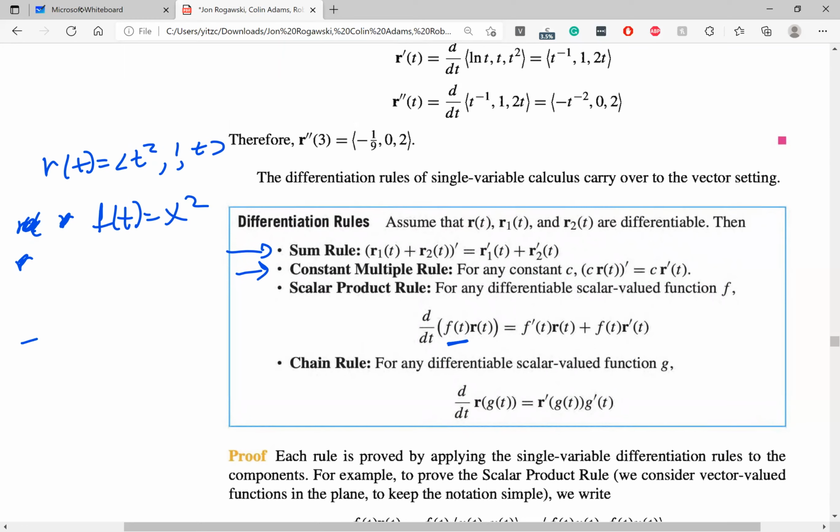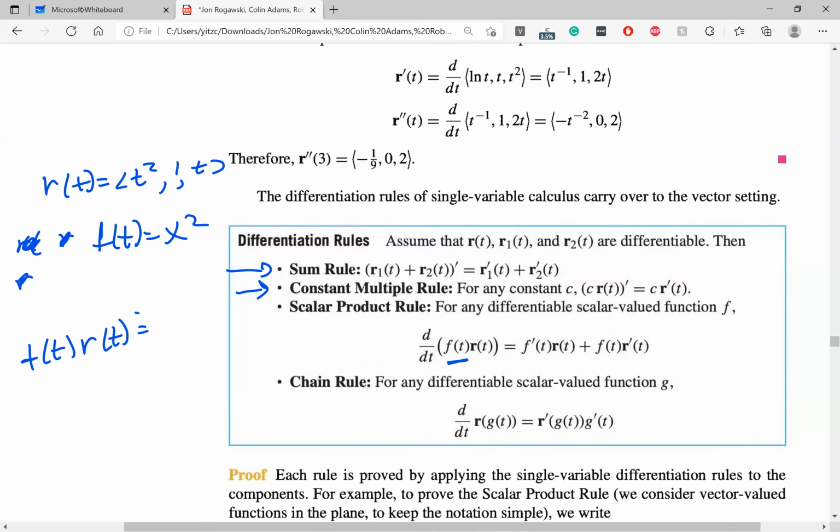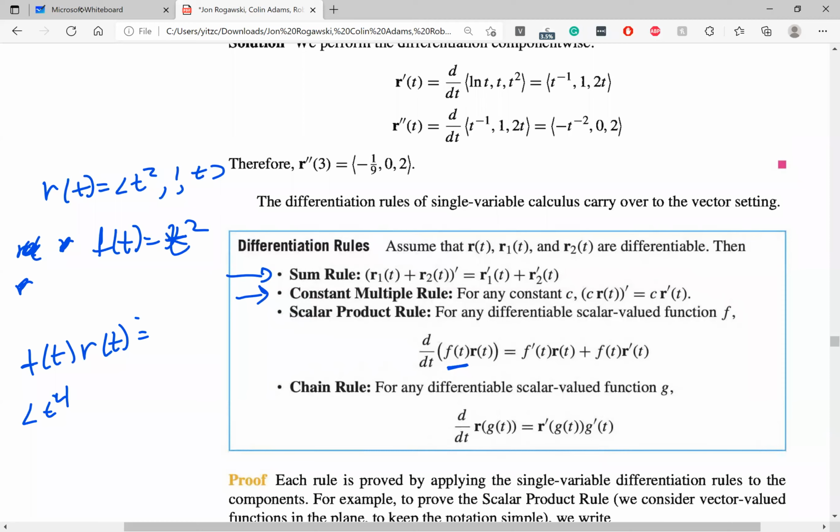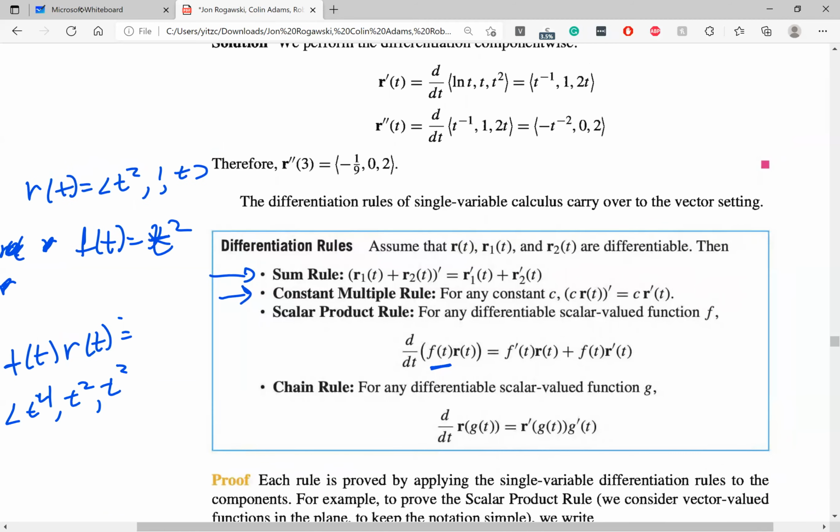So f of t times r of t is going to be equal to t to the 4th, t squared, and t cubed. So that's what that notation means.